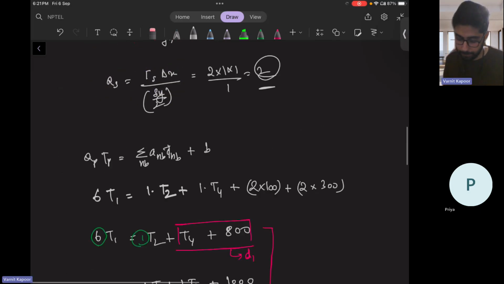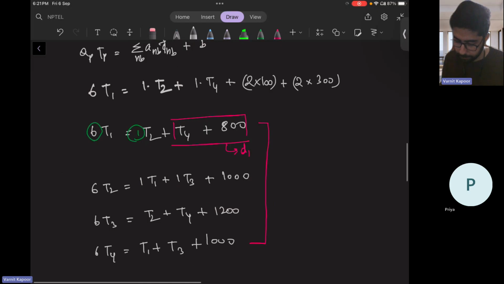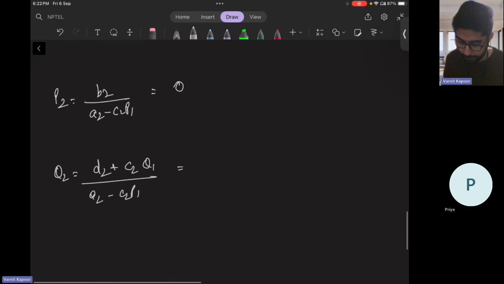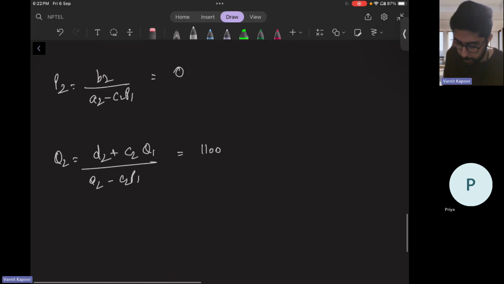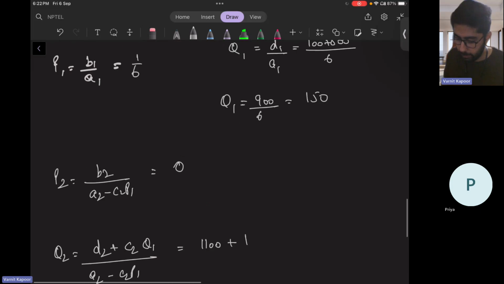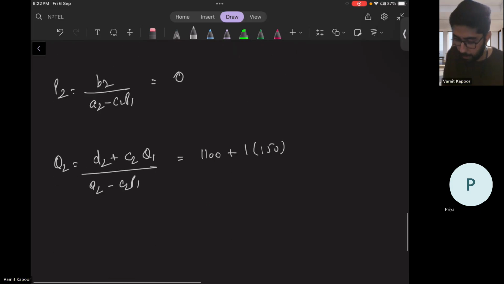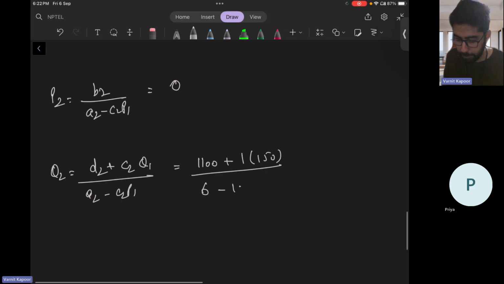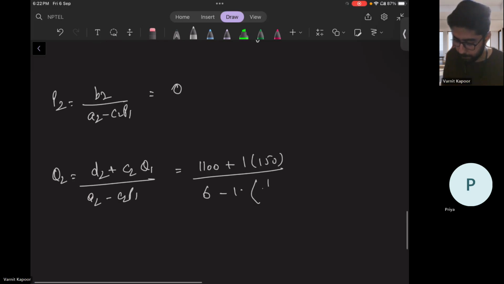So if you observe this equation, because you are dealing with node 2 right now, T3 is 100 plus 1000. This is D2, so that is 1100. How much is C2? C2 is 1. And Q1 we have calculated as 150 over A2, which is 6 minus C2, which is 1, times P1, which we have computed as 1 over 6.